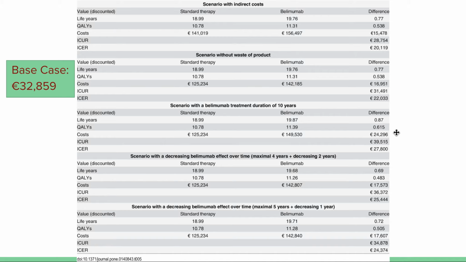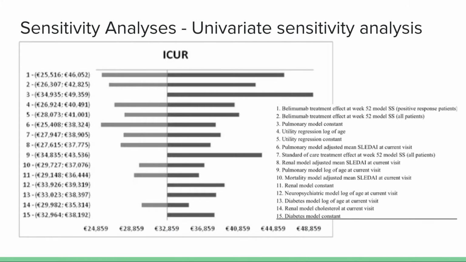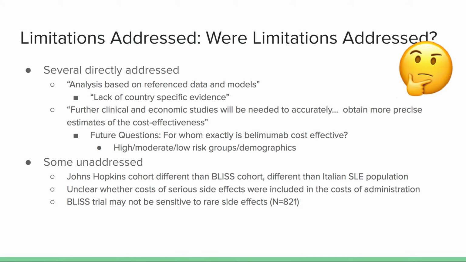And then they assume a treatment duration of 10 years and decreasing efficacy over time. And you can see that there are differences here. Another way is they changed up the base assumptions in the population. And you can see that the main variable here is the treatment effect of Belimumab in determining cost effectiveness.